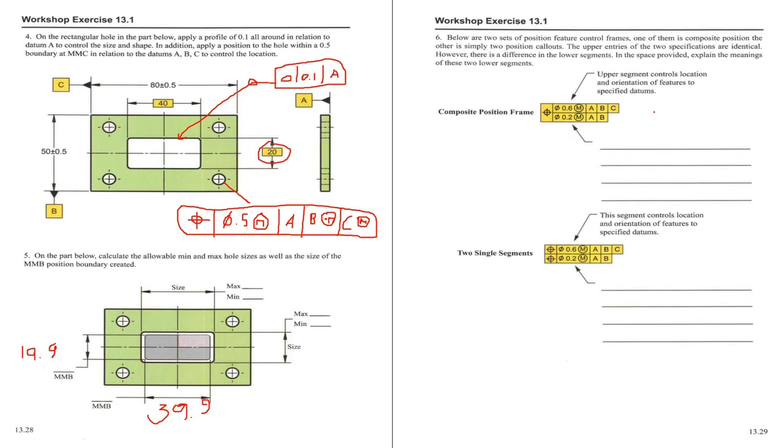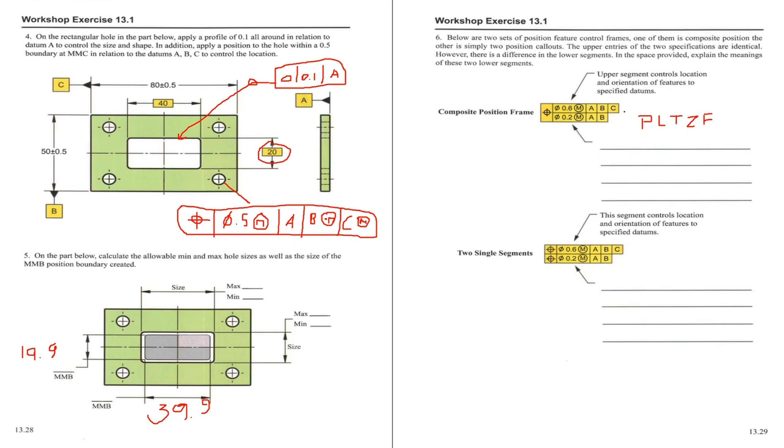And here we have to tell this composite position frame, what it means with the upper segment and the lower segment. So this upper segment of this composite DRF is known as the pattern locating tolerance zone, and normally we call it PLTZF, pattern locating tolerance zone feature.